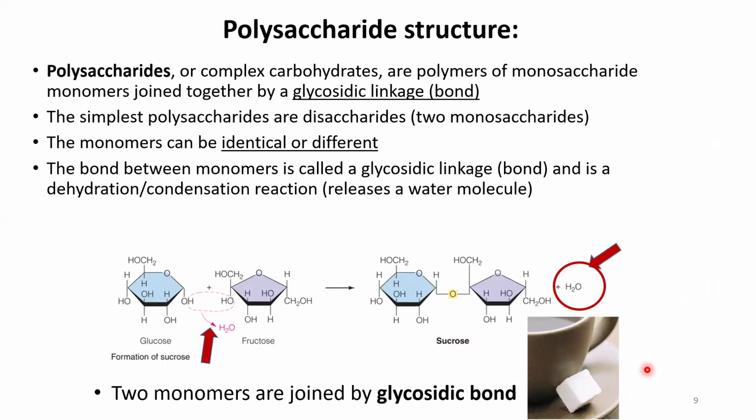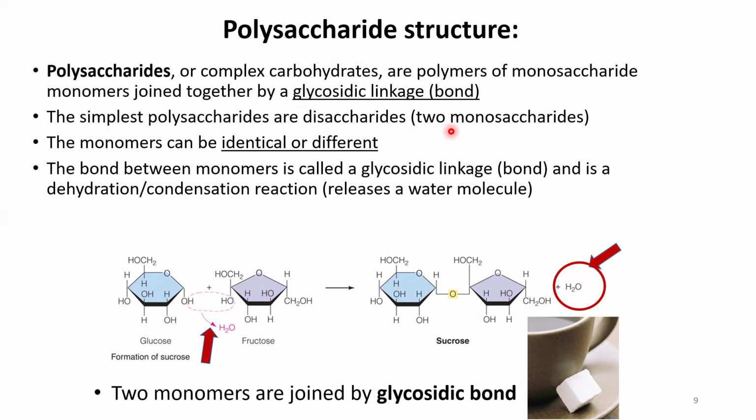Now with polysaccharides, they have a long polymer of monosaccharide monomers. Those monomers join together by a bond called a glycosidic bond. The simplest polysaccharides are disaccharides, which are basically 2 monosaccharides together.